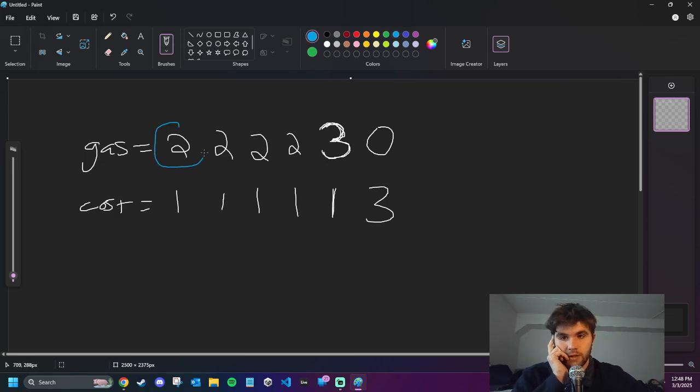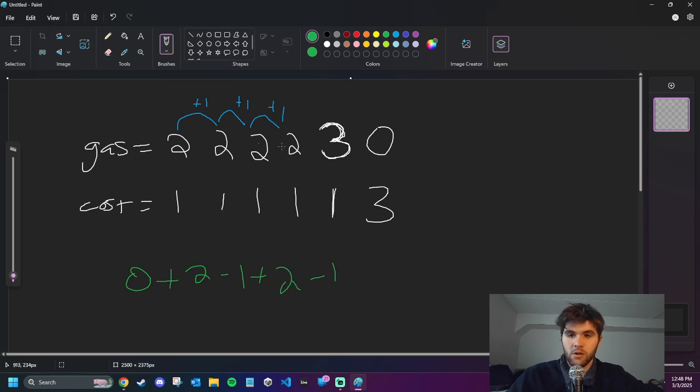Okay, so if you start here, your tank will be 2, and by the time you arrive here, you get +1 essentially, and then here you get another +1, and here you get another +1. So it would be 0 plus 2 minus 1 plus 2 minus 1 plus 2 minus 1 plus 2 minus 1, which is 4.